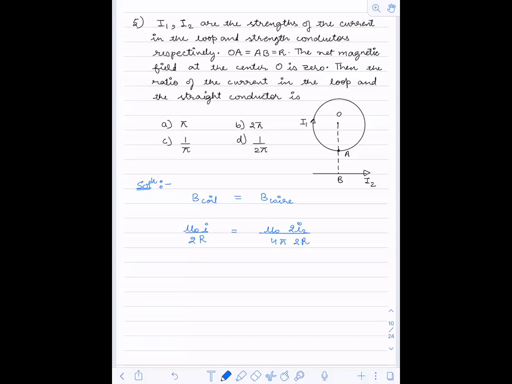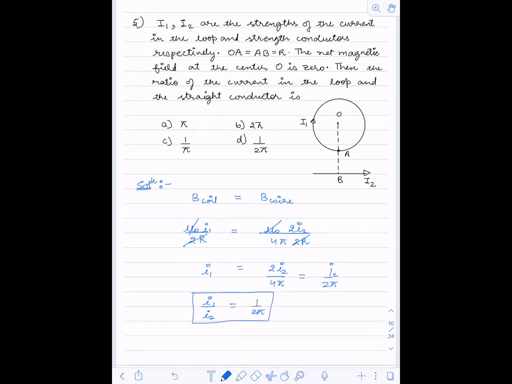Mu naught and 2R get cancelled. If I solve this, I1 is equal to 2 I2 divided by 4 pi, so this becomes 1 upon 2 pi, I2 by 2 pi. So I1 by I2 gives me 1 by 2 pi.